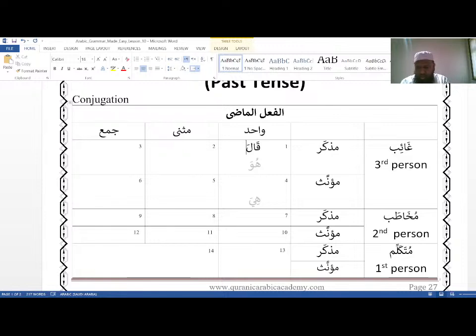Qala. To make muthanna, what do we need? We need the fa'il as a damir, which is alif. Qala.